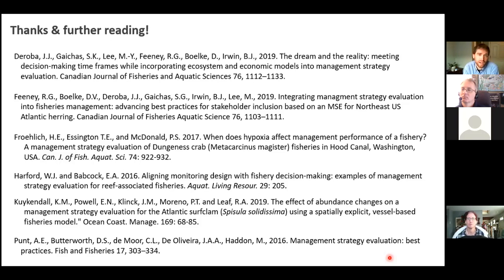I'm not familiar with any specific examples, but it's certainly flexible enough to do something like that, because in that case you'd probably be interested in spatial models. I mentioned the spatial surf clam model, for example.